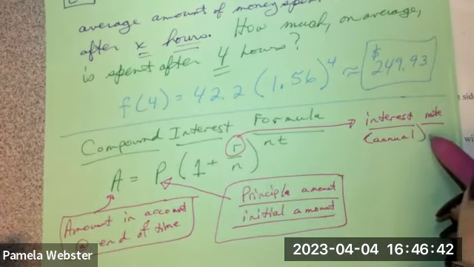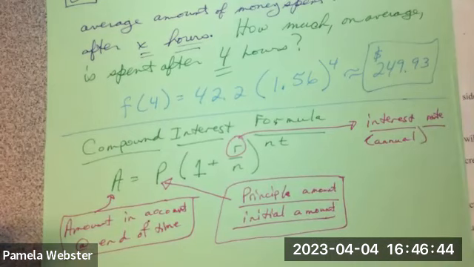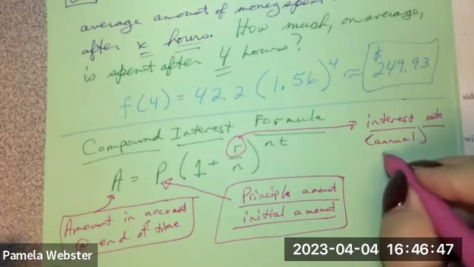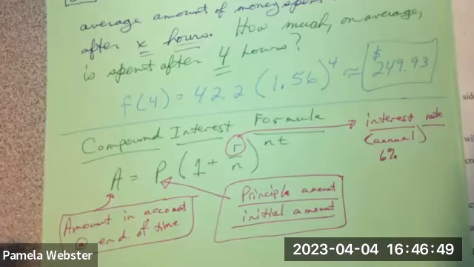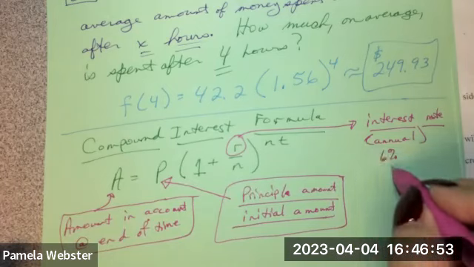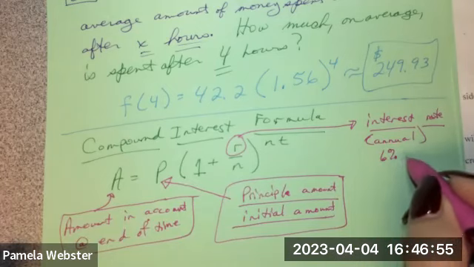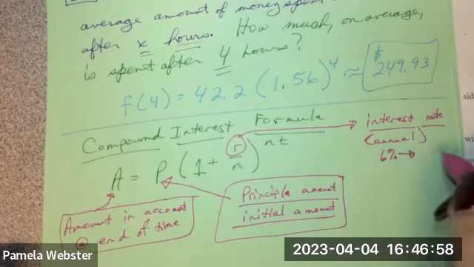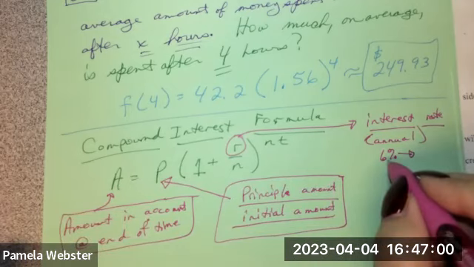Also, remember that normally when we talk about interest rates, they may say it's a 6% APR, annual percentage rate. Well, I can't use 6% inside of the formula. So I'm going to have to change this and make it into a decimal.